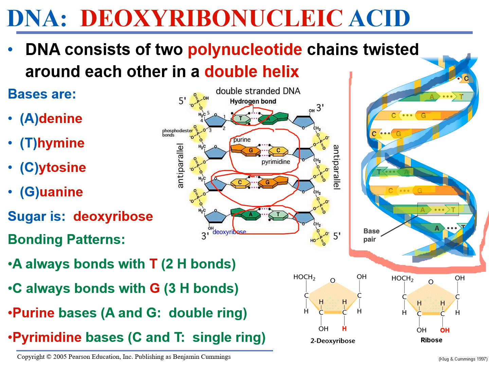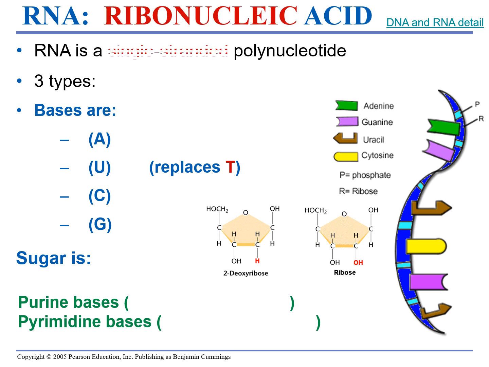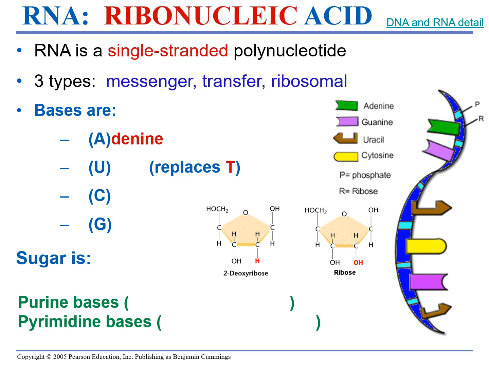RNA is a nucleic acid. RNA is a single-stranded polynucleotide. There are 3 types: messenger, transfer, and ribosomal. The bases of these are adenine, uracil, cytosine, and guanine.